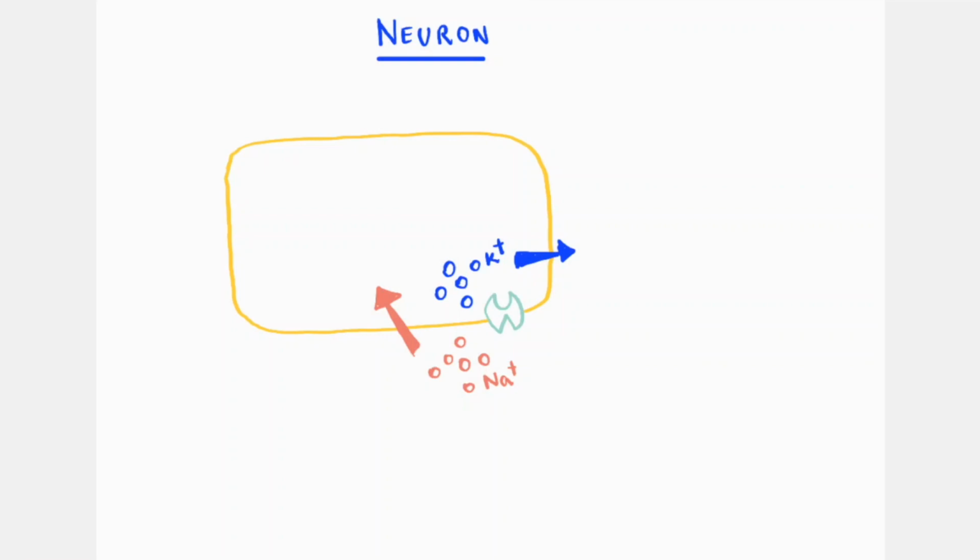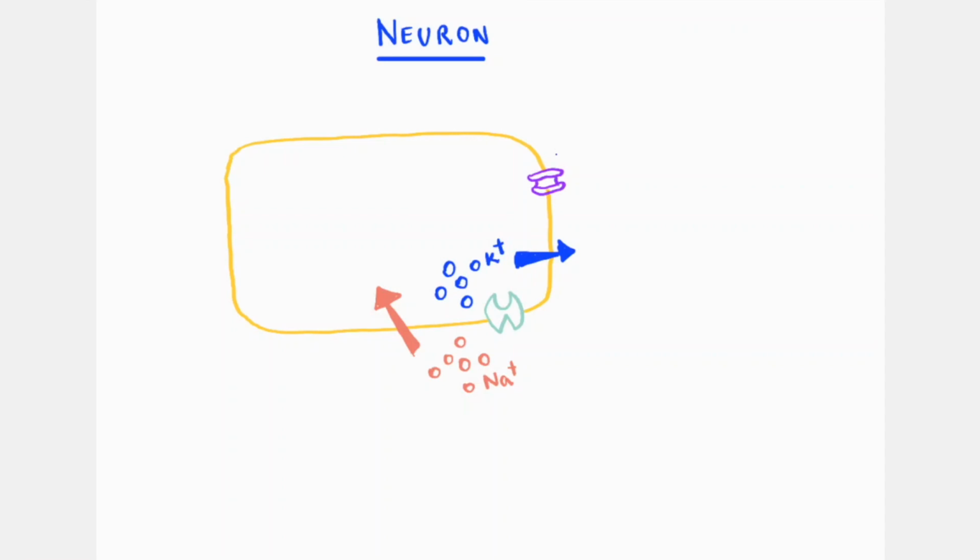Okay, so that's all about what we talked about in the last slide. Now I'll just make a small cut in the membrane here, and I'll insert a channel. Now this channel, as you can see, is always open, right?